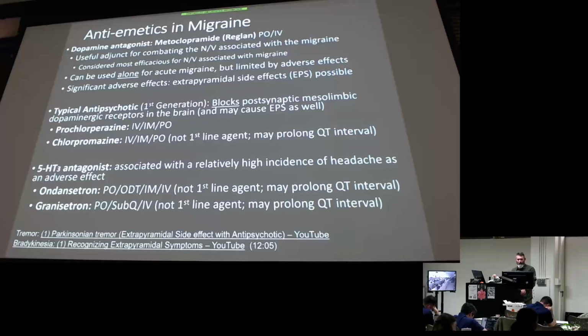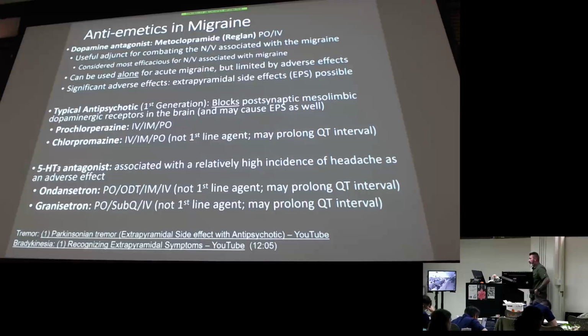And there's also a third option, which is the 5-HT3 antagonist, unlike triptans, which are 5-HT1 agonists. So that's your Zofran. But there's contraindications because guess what Zofran has an adverse effect of? Headaches. So that's why it's third line.